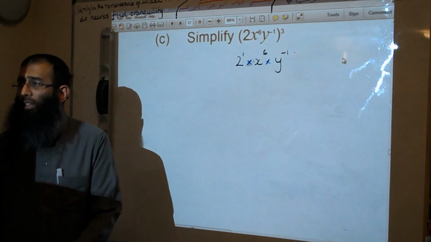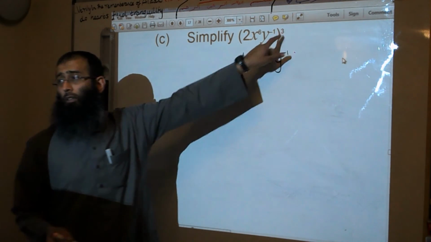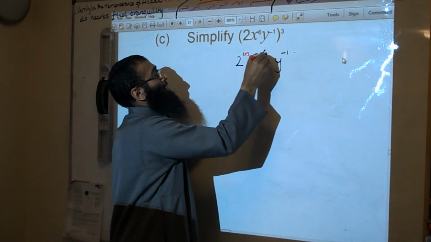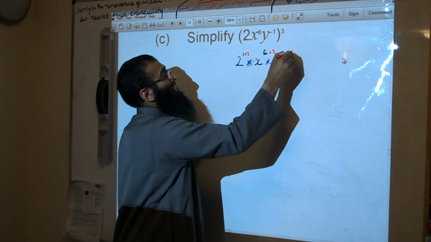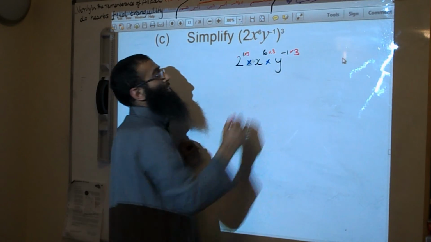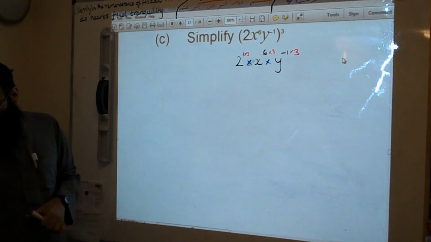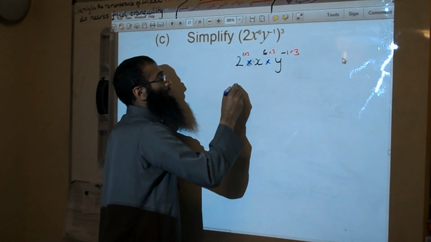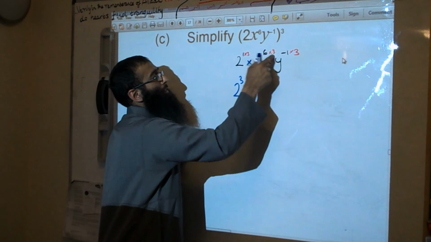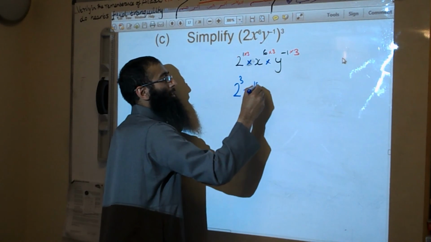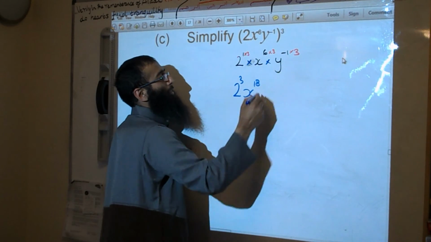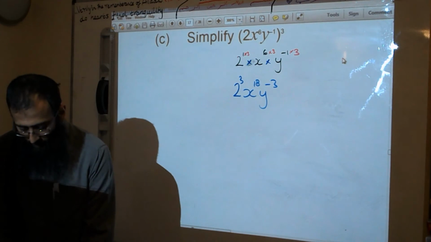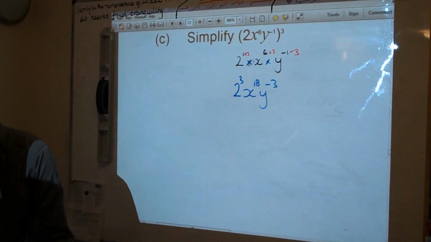Now we have to raise all of these to the power of 3 on the outside. So we times by 3, times by 3, times by 3. Now what do we get? 1 times 3 is 3. 6 times 3 is 18. And minus 1 times 3 is minus 3. Okay, folks, are we happy with that?